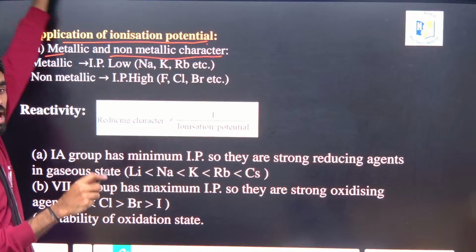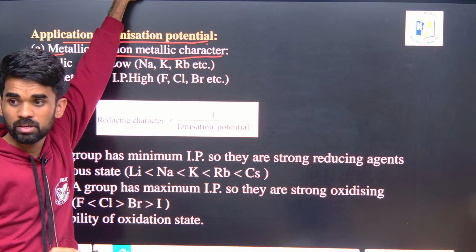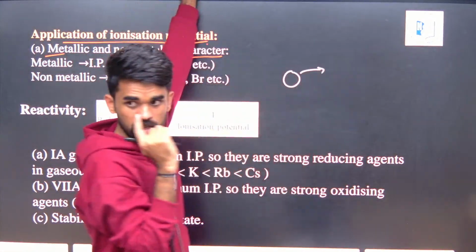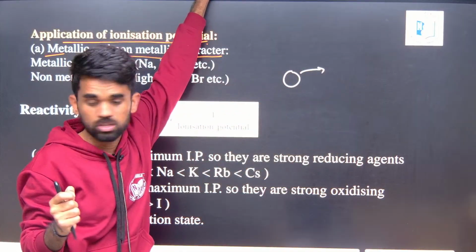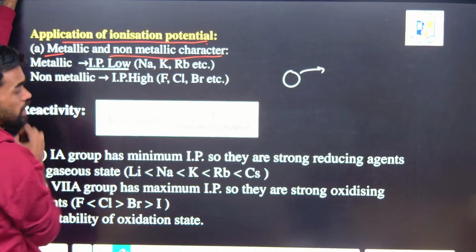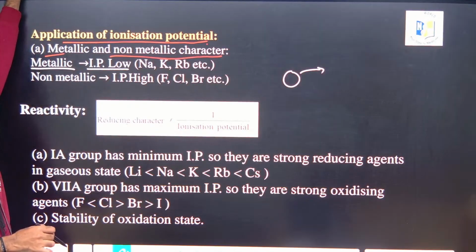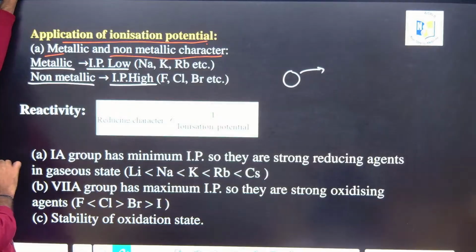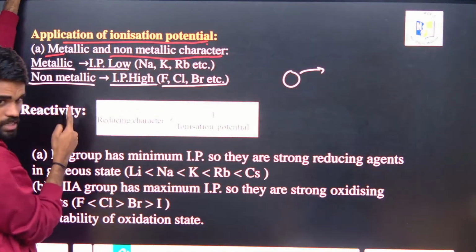Metals have low ionization energy because they have a tendency to lose the electron, so it requires less energy to remove one electron. So low ionization energy indicates more metallic character, and high ionization energy indicates non-metals like fluorine, chlorine, etc.